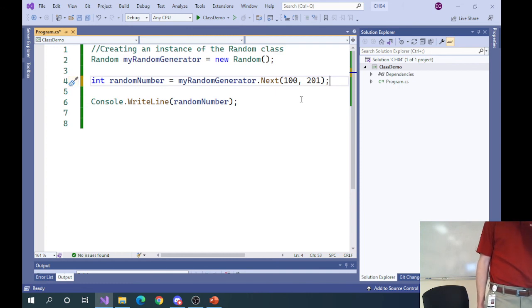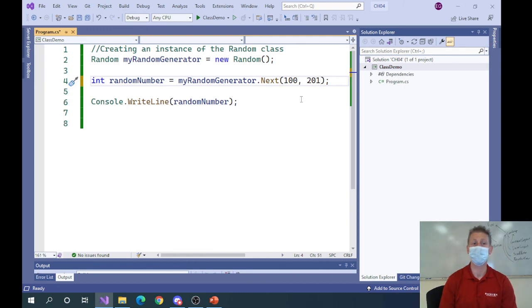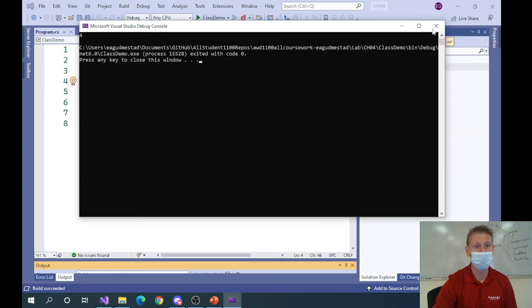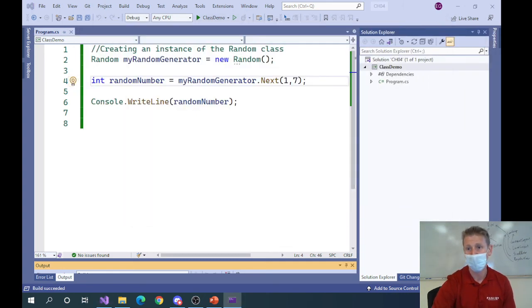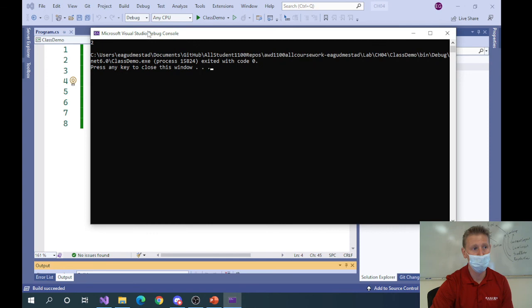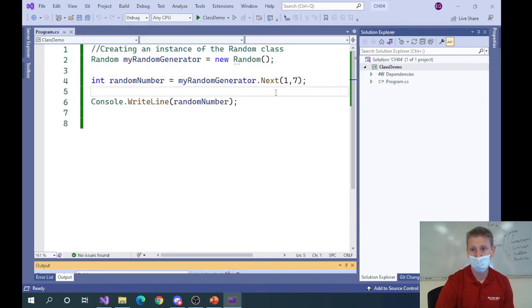Yeah. So if you were trying to create a 6-sided die, it would be 1, 7? It would be 1, 7. Okay. 1, 7, 6-sided die. There's your number 4. Again, number 4. There's my 2. There's my 3.